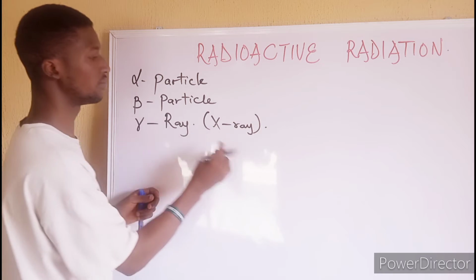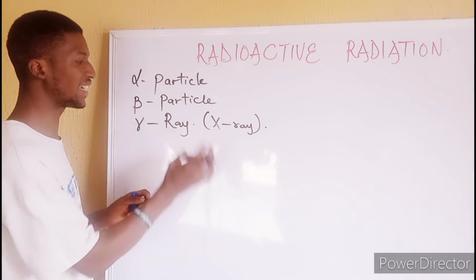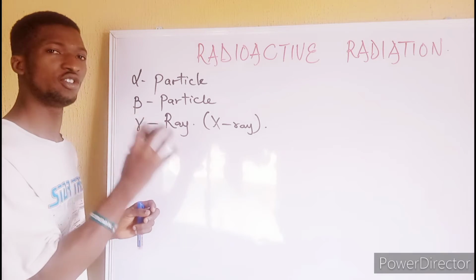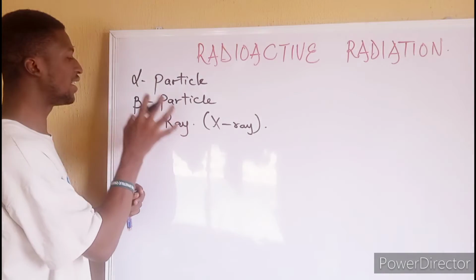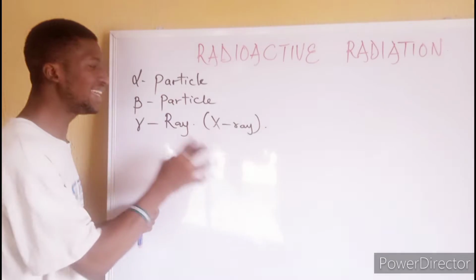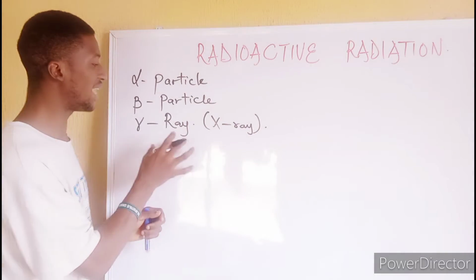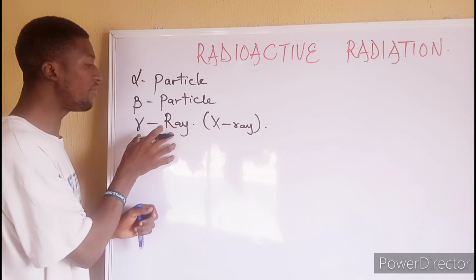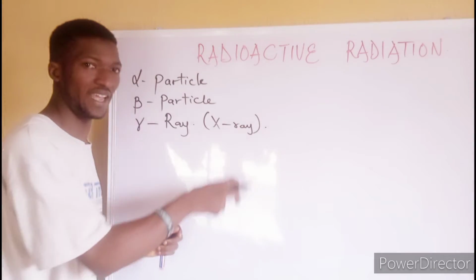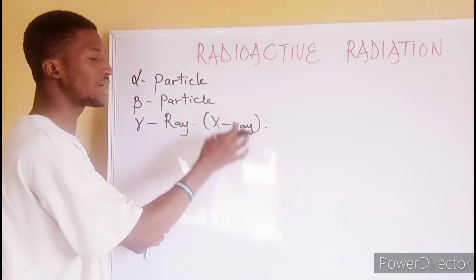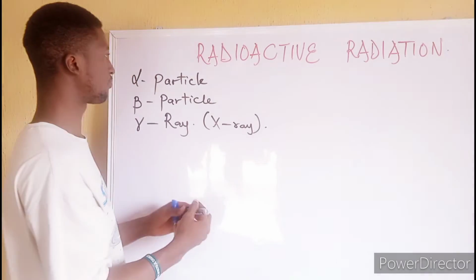This is due to the fact that gamma ray has a higher frequency than X-ray, and its wavelength is shorter than that of X-ray. So during the process in which gamma ray is produced, X-ray can be produced alongside it.